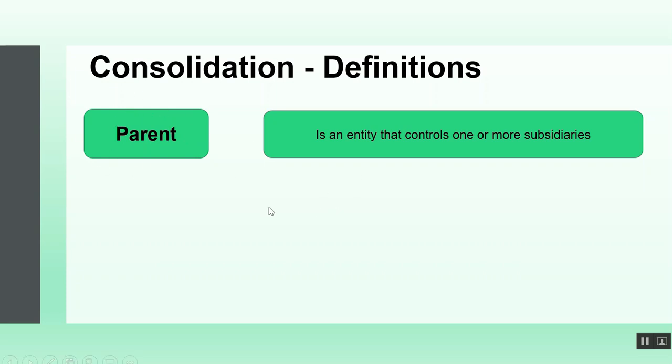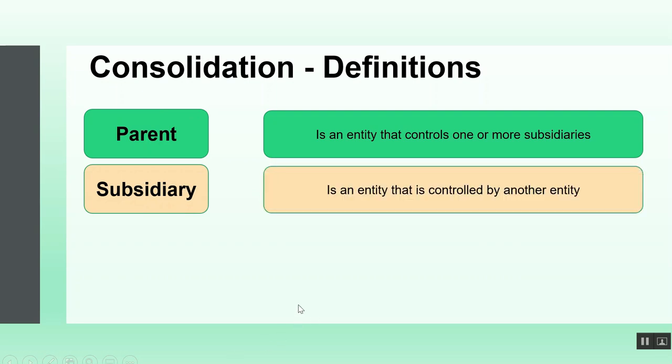Then the subsidiary company, or the acquiree, is an entity that is controlled by another entity, or the business that the acquirer obtains control of. If the acquirer obtains control over it, that company is known as a subsidiary company.